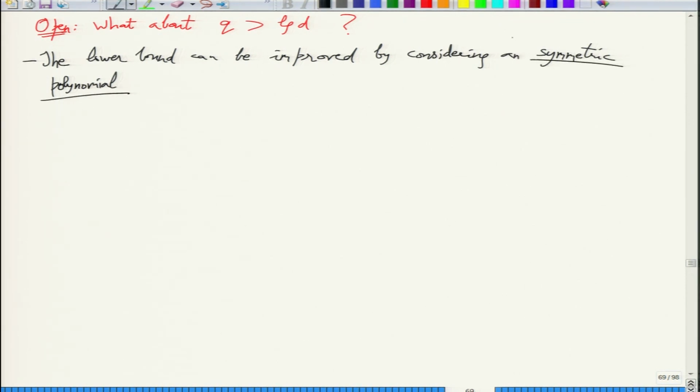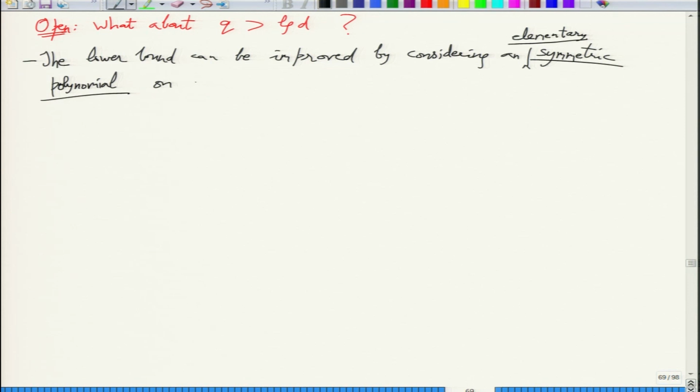If you look at elementary symmetric polynomials, then the lower bound can be optimized.